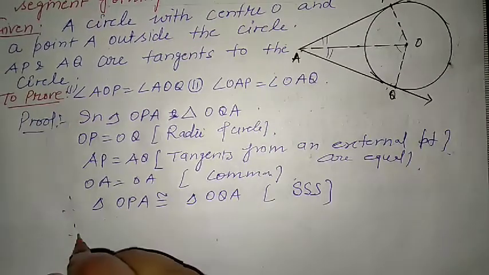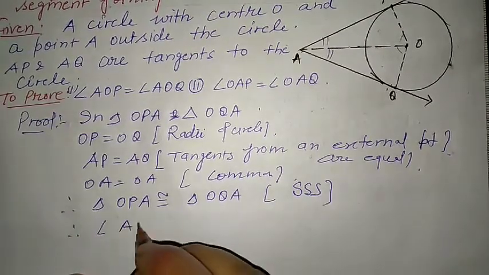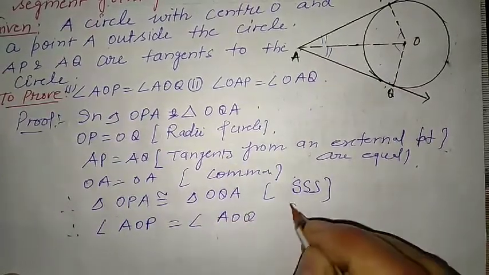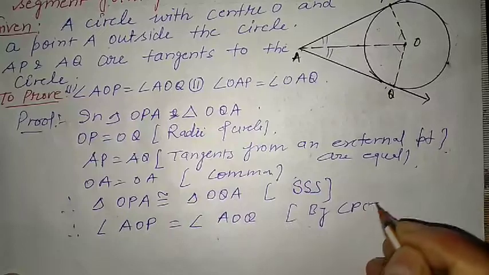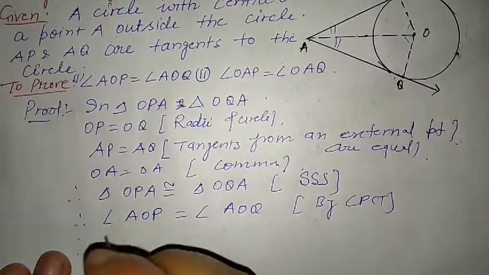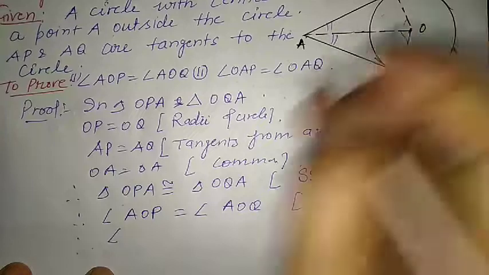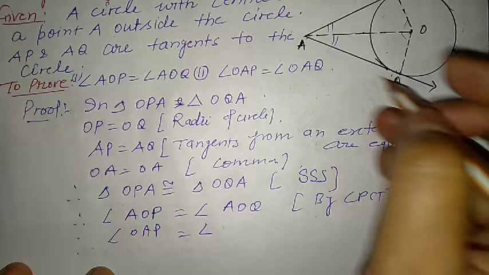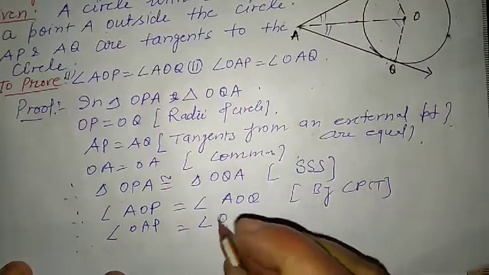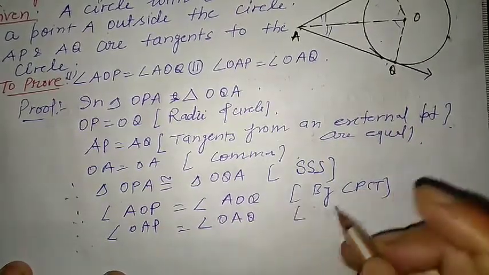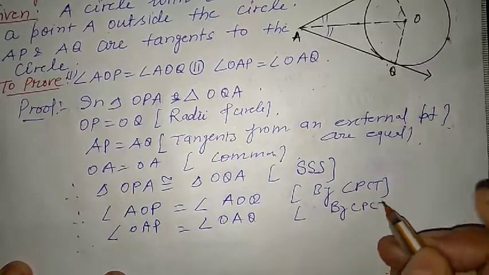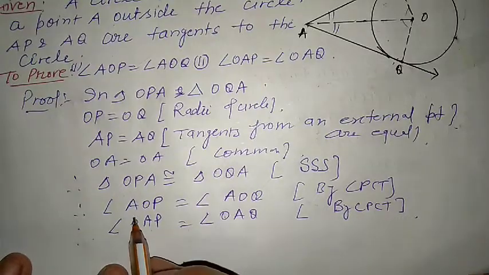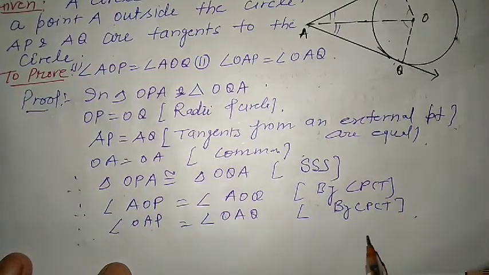So angle AOP is equal to angle AOQ by CPCT, and angle OAP is equal to angle OAQ. This is also by CPCT. OAP and OAQ by CPCT, and AOP, AOQ also by CPCT.